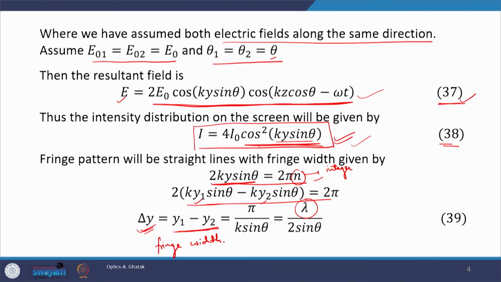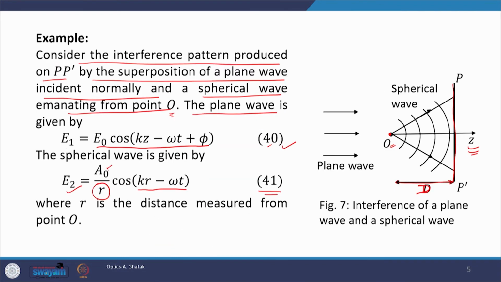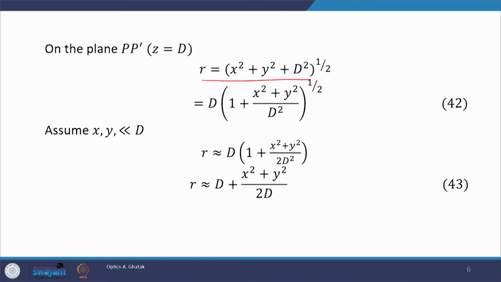And we know that r is equal to the square root of x square plus y square plus z square, and in place of z we will write d here. And this d is very huge as compared to x and y. If you remember, we always try to observe interference fringes close to the center of the observation plane.